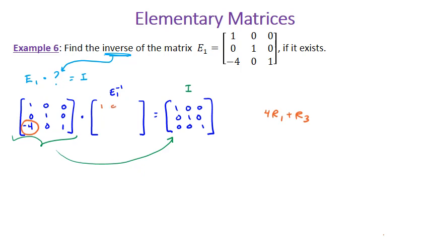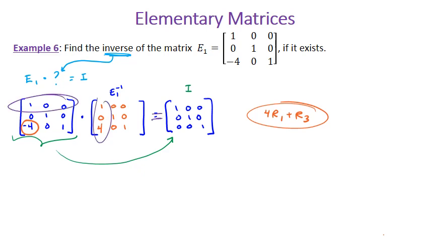So 1, 0, 0, 0, 1, 0, 4, 0, 1. So this is the operation that I used. You can check this. This times this will equal, as you proceed, you will get this. So we can conclude that the inverse of E1 is shown there.